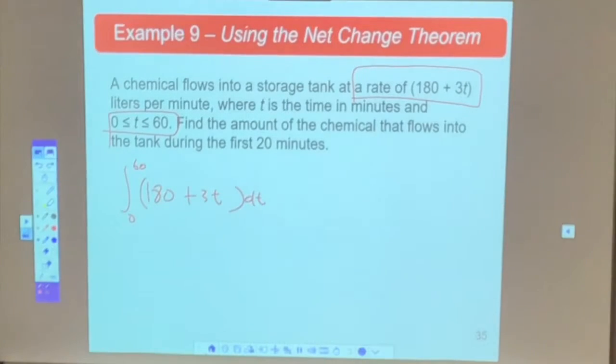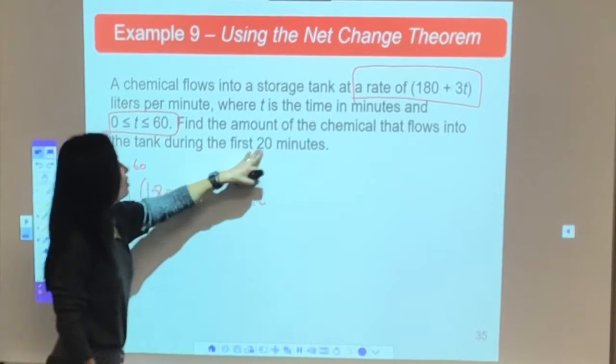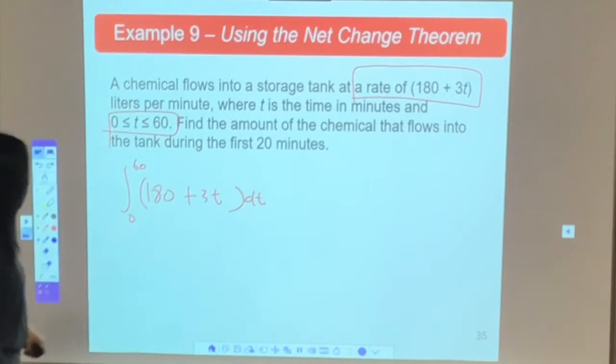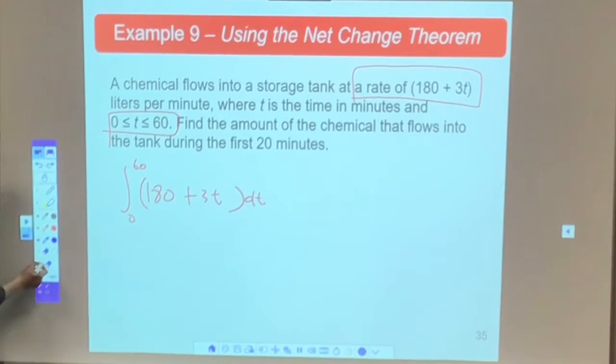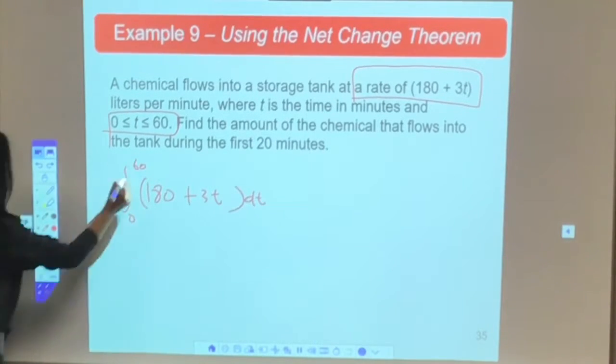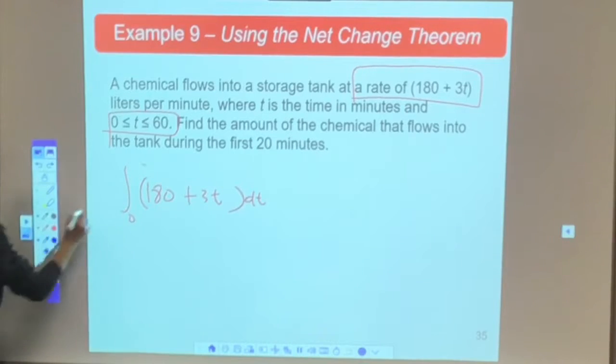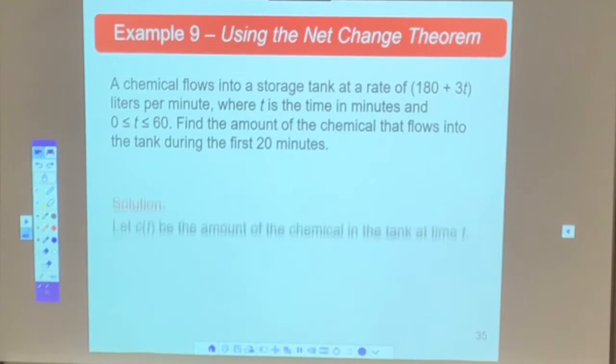Find the amount of chemical that flows into the tank during the first 20 minutes. So I'm not going all the way to 60. What am I doing then? Yeah, 20. So let's look at their problem.